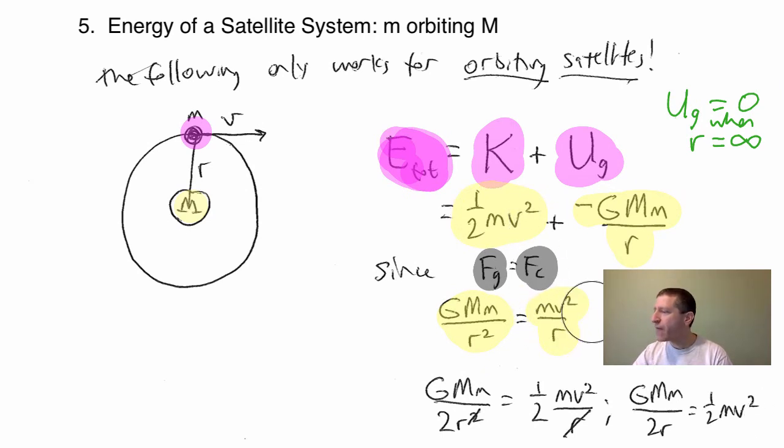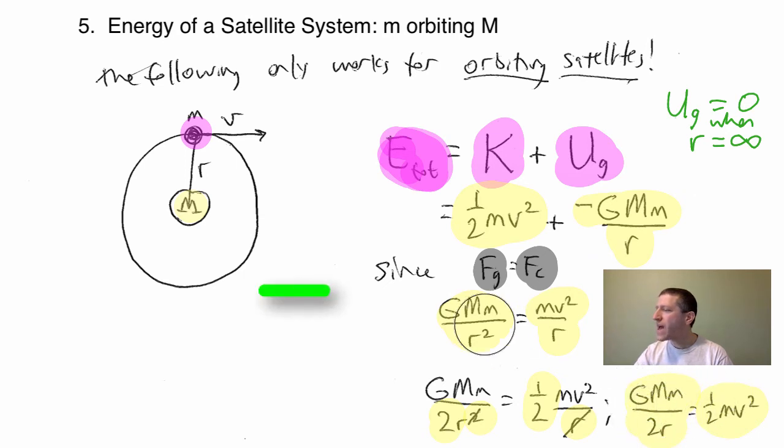Well, I've got to get this 1/2 in there, so I'm going to multiply by 1/2, right there. And then I've got to multiply this entire side by r, which cancels that r, and then it will also cancel one of these r's. So notice what I'm left with is 1/2 mv squared, which is what I was trying to find another equivalent expression for, is equal to this.